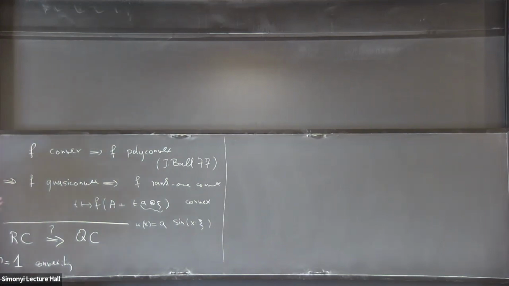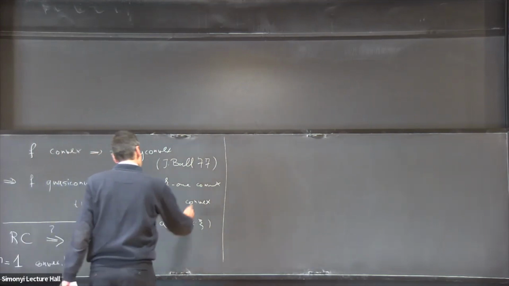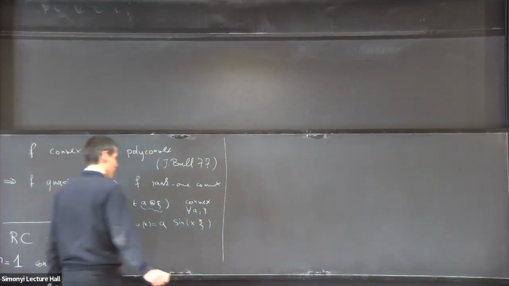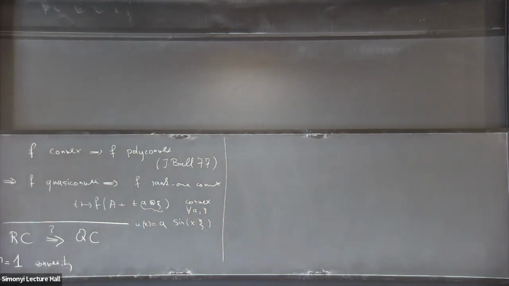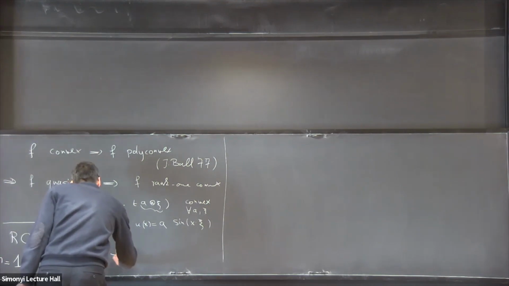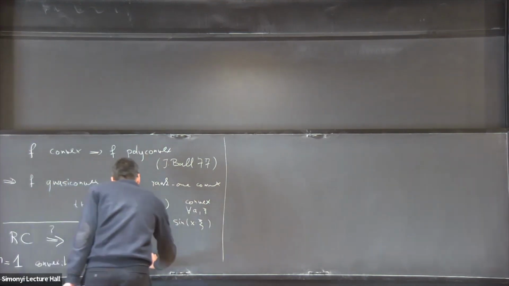This is true for any A and any psi. So take any rank 1 direction, it should be convex along that direction. But for instance, you can take the determinant that has that property, but it's not convex. So everything reduces to convexity, and if M is at least 3, then the answer is no.